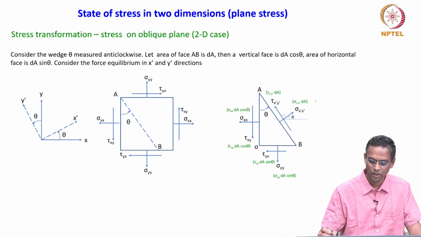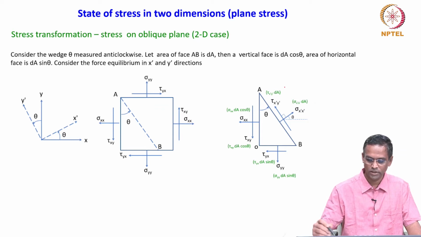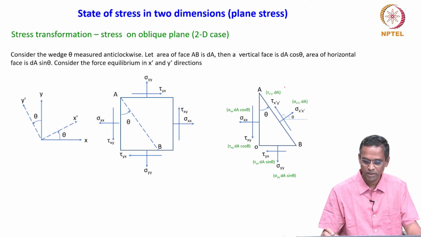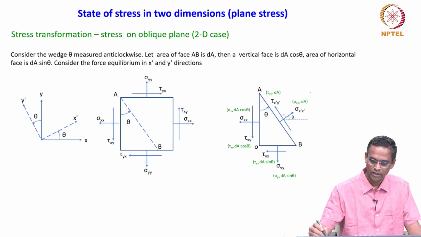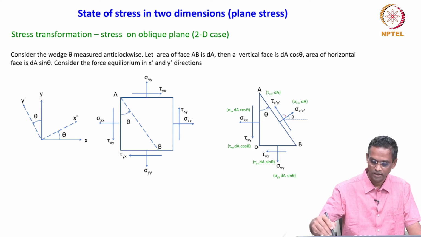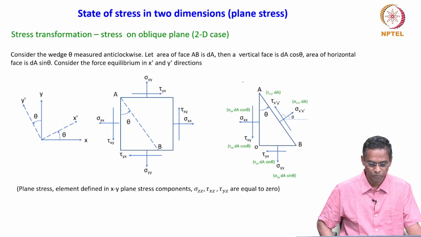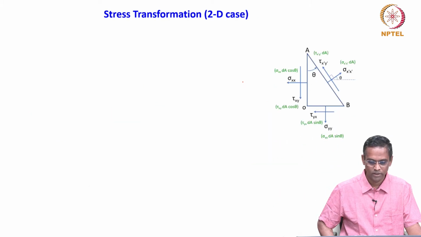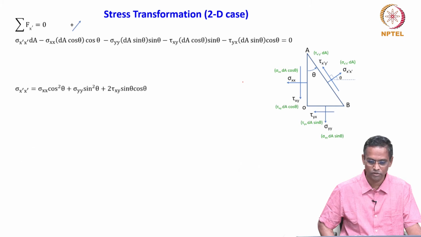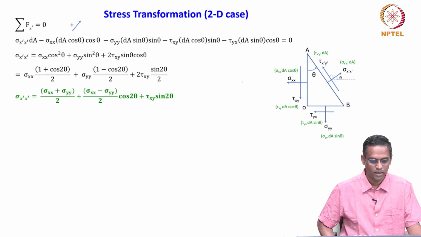Then we tried to do the force balancing, because strength of materials assumes that the member is in equilibrium. We calculated the force equilibrium from each side, for normal stress as well as shear stress, and from there we calculated the expression for normal stress and shear stress in a general manner.